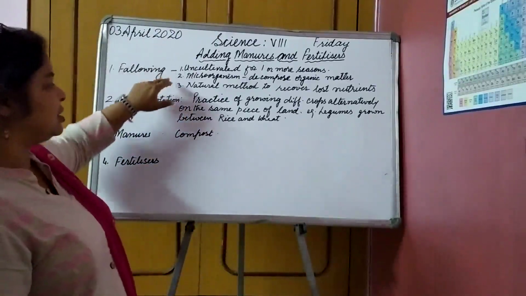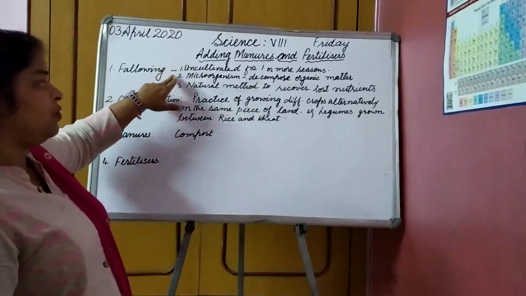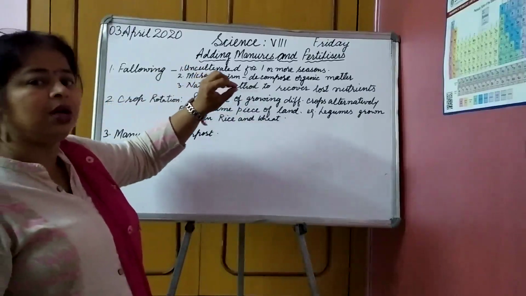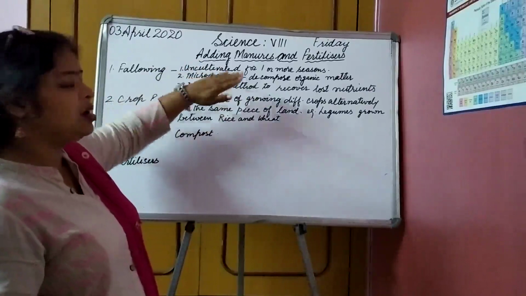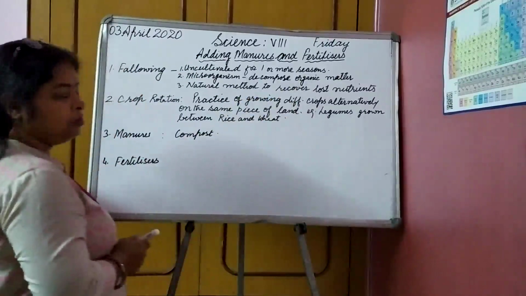Let us again recapitulate. This is the method in which the land or the field is left uncultivated for one or more seasons.